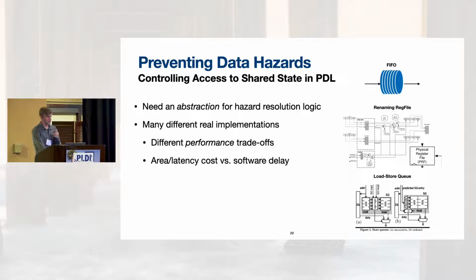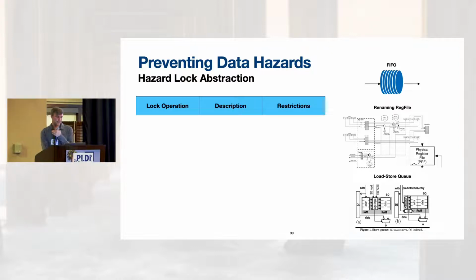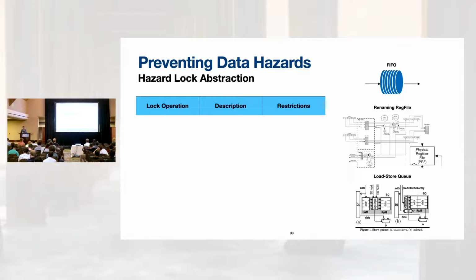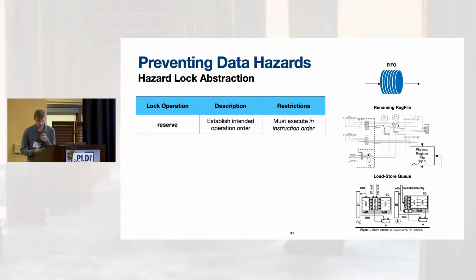So the abstraction we built for this that the PDL programmer actually writes down is called a hazard lock. The hazard lock API has a number of steps that you're going to need to use, and the PDL compiler checks that you're actually using them correctly, according to the specifications of what is correct usage of a lock. The first one I'm going to show is the most important one, the key insight, which is this notion of reservation.